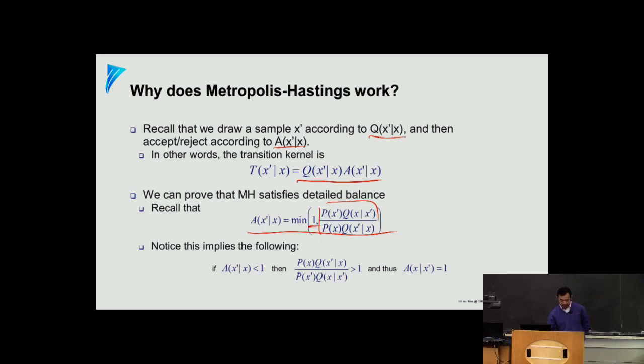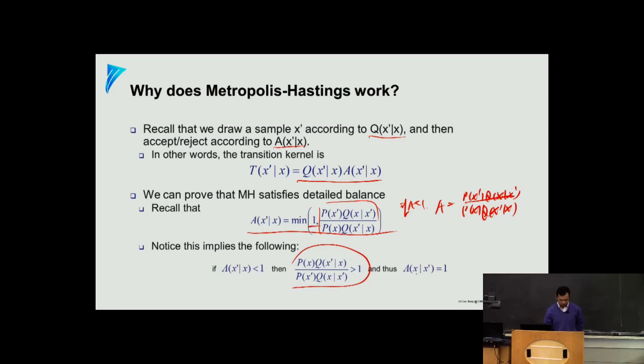If A is smaller than 1, then A equals P of x prime, Q of x given x prime, over P of x, Q of x prime given x. That also means that the inverse of that is greater than 1.